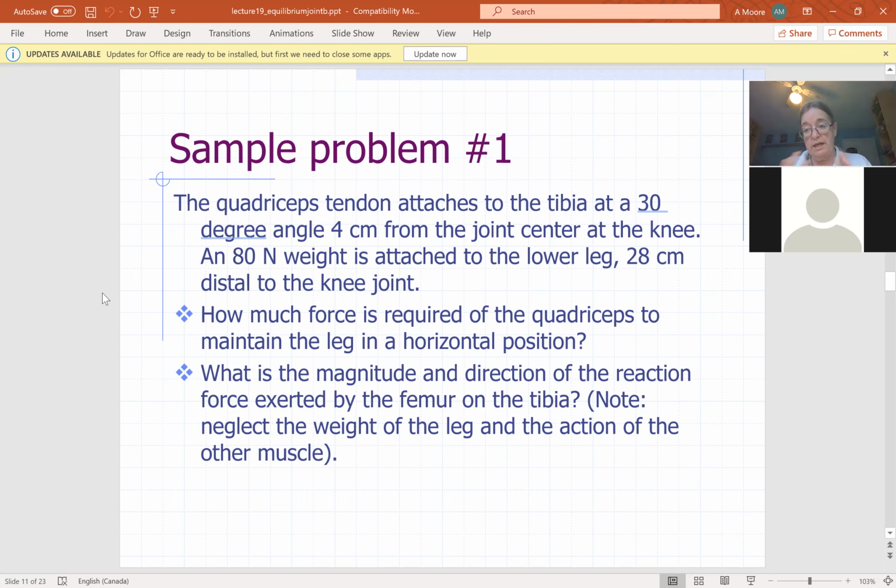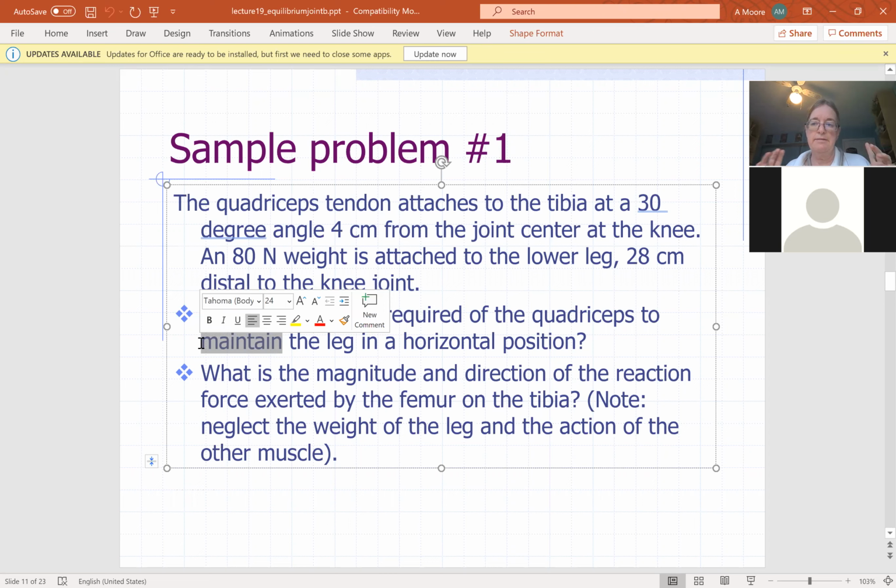That gives you an idea right there how you're going to draw your free body diagram. It says "is required by the quadriceps to maintain the leg in a horizontal position." The important word there is maintain, because maintain tells you right away that you're in an equilibrium position.